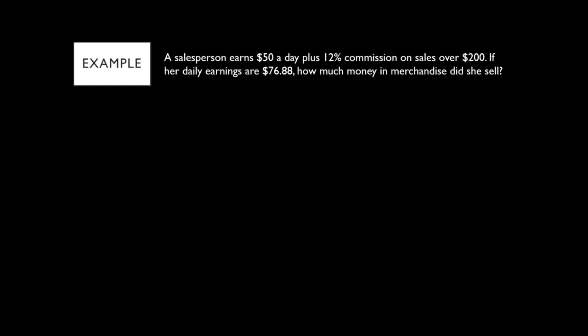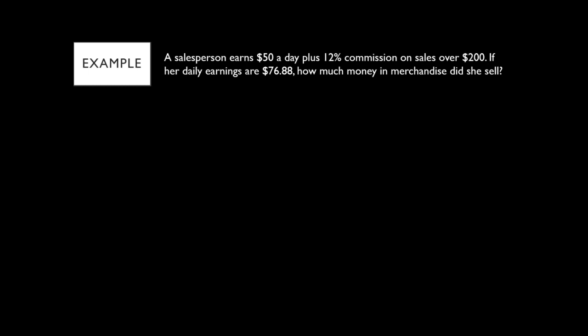The commission formula just tells us how much she earned in commission. Here, we're not being told that she got $76.88 in commission. We're being told that's her daily earnings, which includes the $50 that she earns flat. So this total includes our 50 plus the commission.